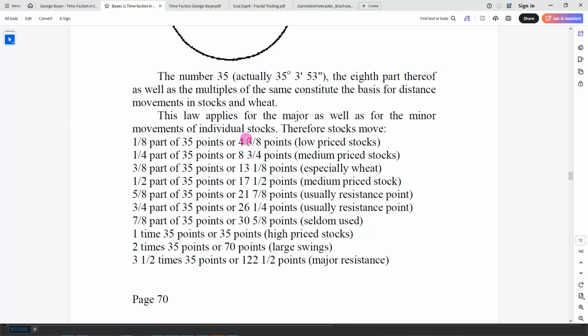For the 122 and a half, it could be 1,225, it could be 12,250, it could be 122,500, which we had hit and bounced off near the all-time high. So what I'm going to do here is show a table of building these numbers out and how you would want to look at doing this to work with these numbers.